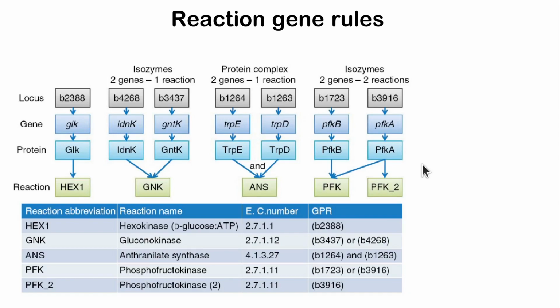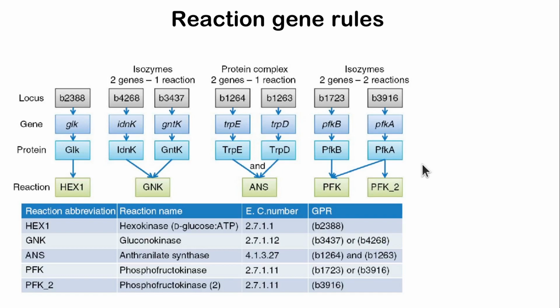Any given reaction can be governed by multiple genes, whether by OR or AND relations, or an individual gene can have an influence on multiple reactions. The last thing that can make this sort of complicated at times is that these rules can be nested. For instance, you can have scenarios where a protein complex acts as an isozyme for a reaction.